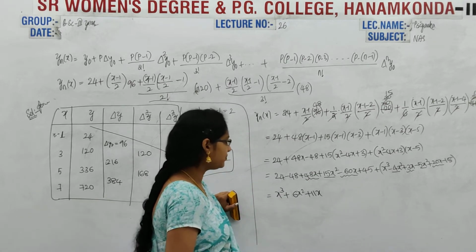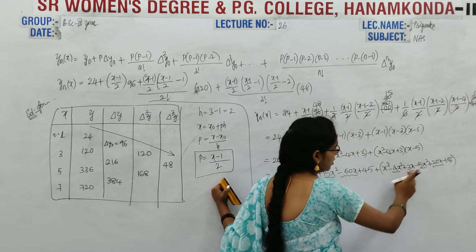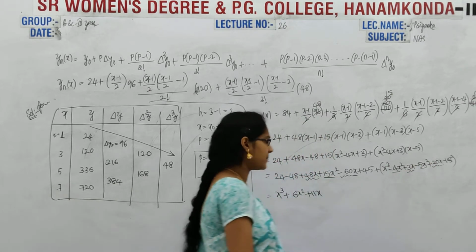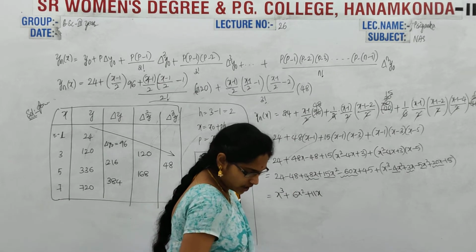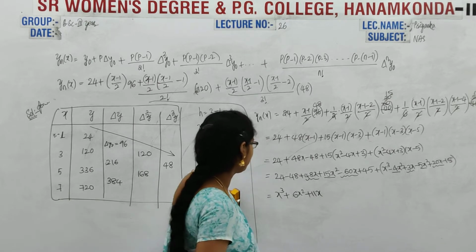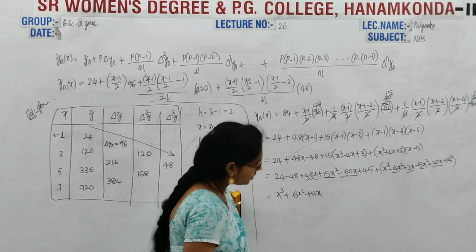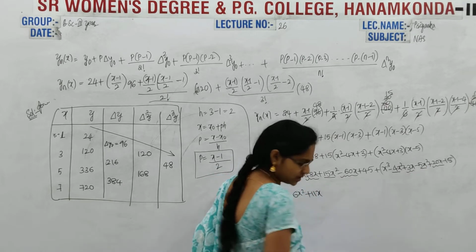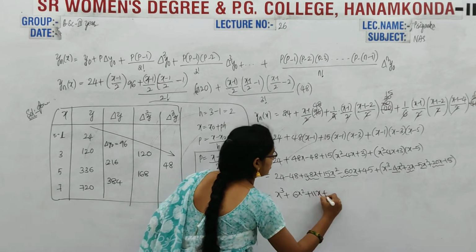So that is plus 11x. Next the constants. What we have as constants are 24 minus 48 plus 45 and minus 15. So it is nothing but plus 6.